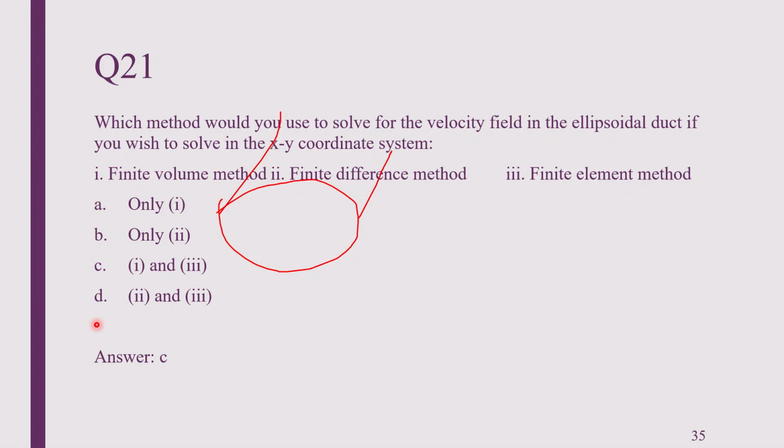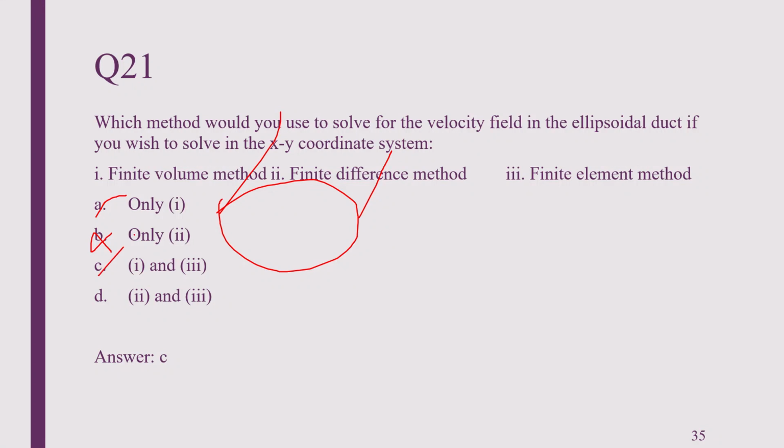So picking the option from the given choices: A is only 1, B is only 2, option C is 1 and 3, option D is 2 and 3. On looking at it, option 1, finite volume method, is right. Option 2 is wrong.